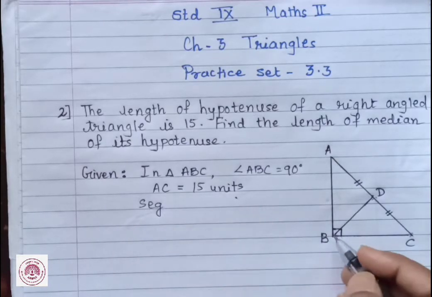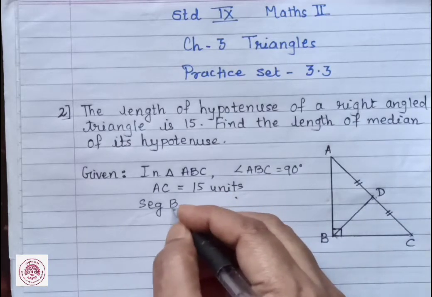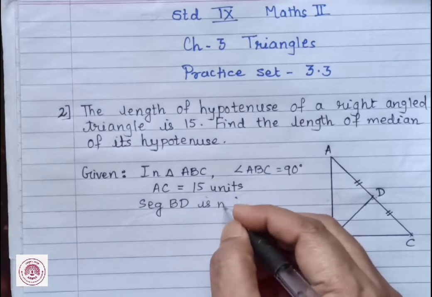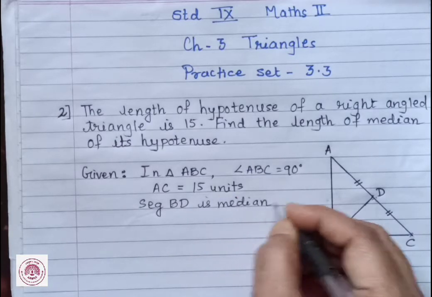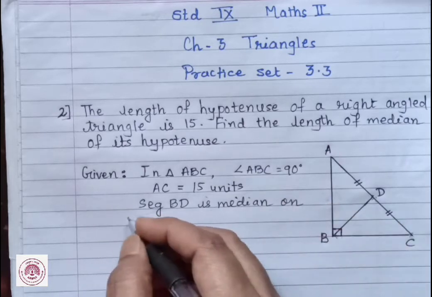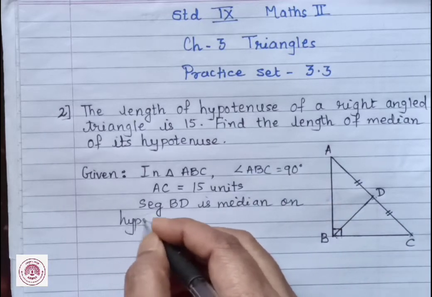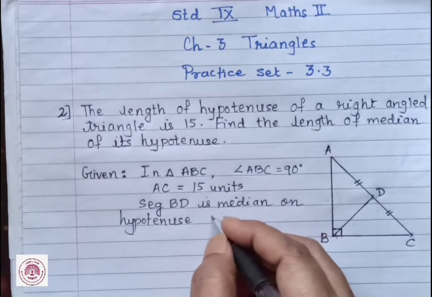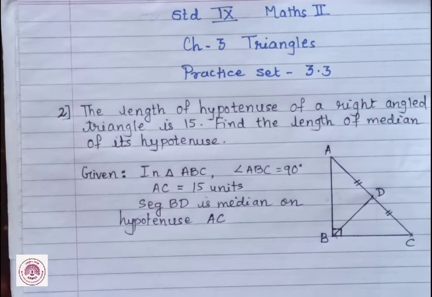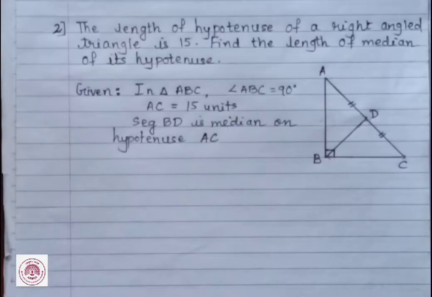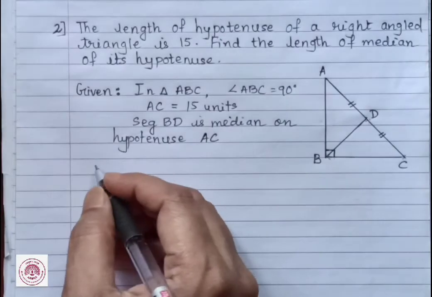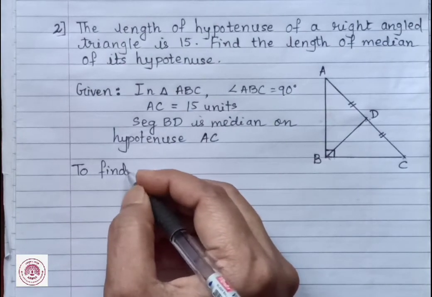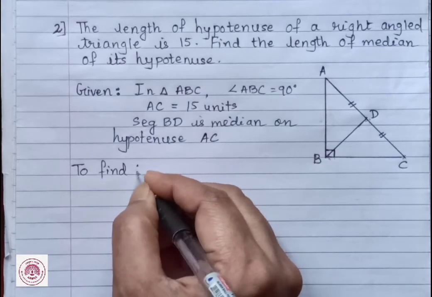Segment BD is the median on hypotenuse AC. So here we have to find the length of the median, that is, the length of BD.